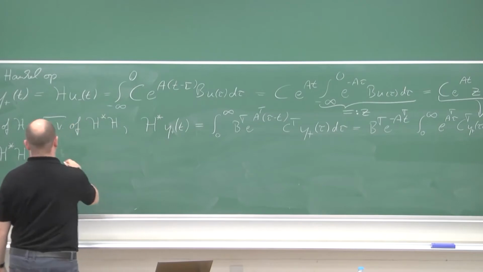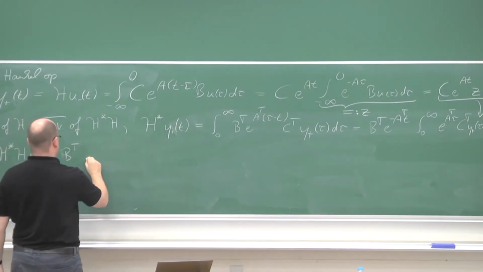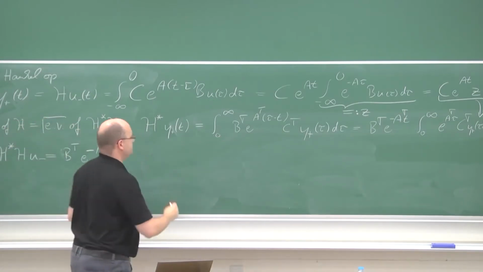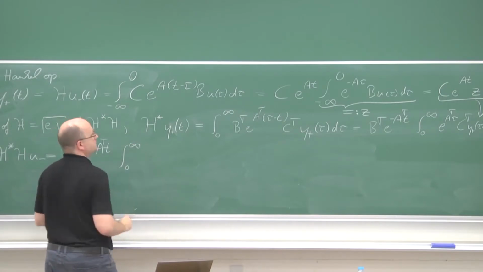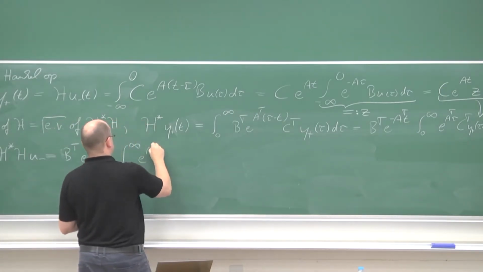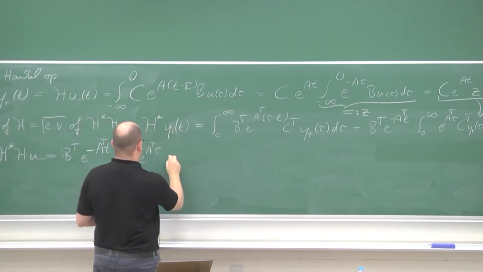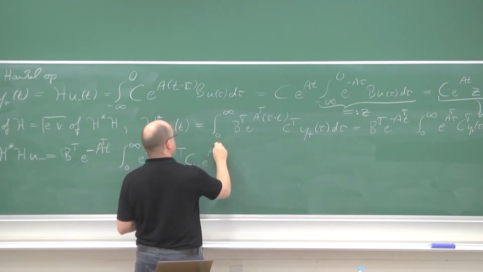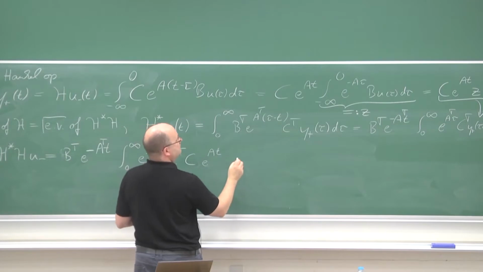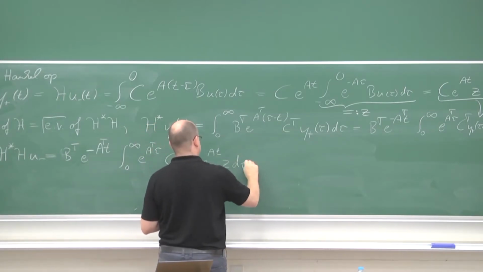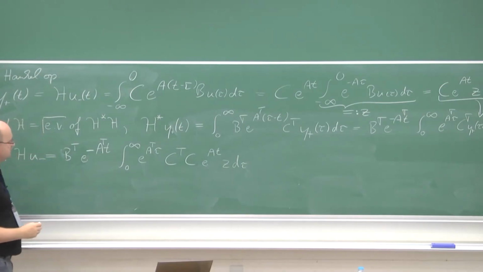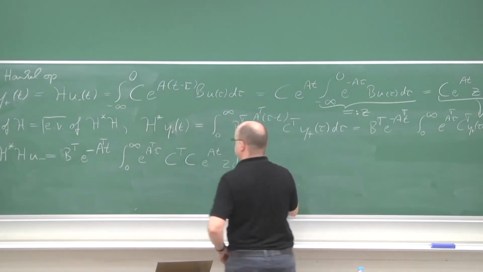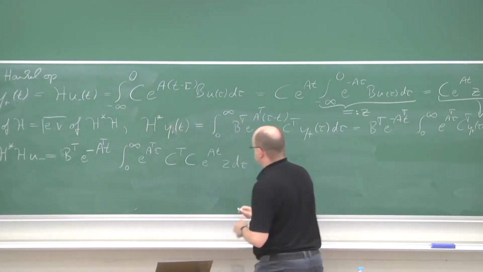So what we get is B transpose e to the minus A transpose t times that integral e to the A transpose tau C transpose C e to the A t, set theta. Okay, now you get an idea where we are going. We can pull out the theta to the right.